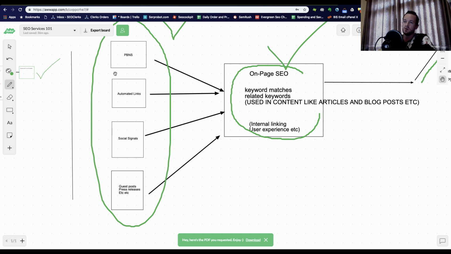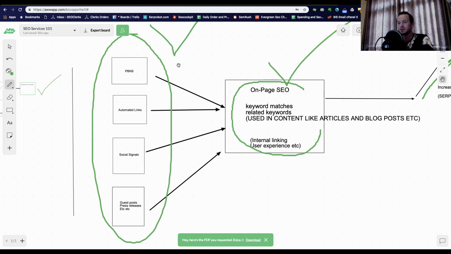The reason why we can't just throw tons and tons of the same links at this website is because it looks unnatural. Google have algorithms that also detect whether you are artificially manipulating these results, because ultimately SEO is an artificial manipulation of an algorithm.